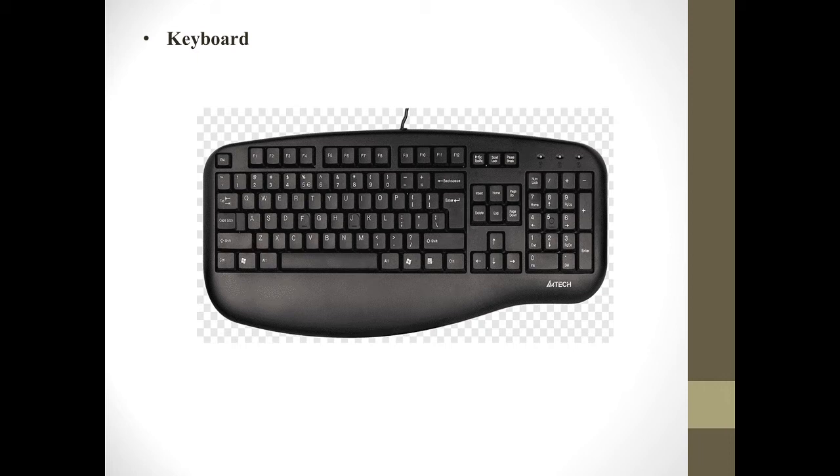A keyboard contains all types of alphabetical keys, numerical keys, some special characters, functional keys, and there are again so many keys which you can use for different purposes. Some keyboards have 102 keys, some have 104 keys, and some have 108 keys. But the functionality of all keyboards is the same.